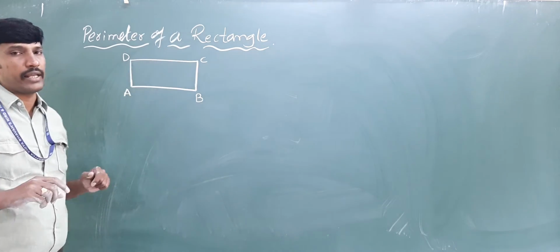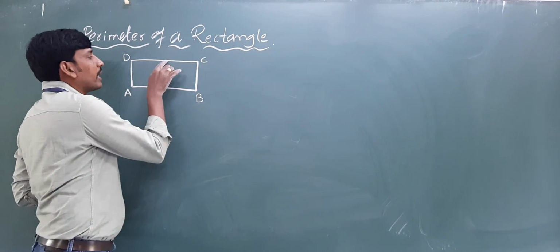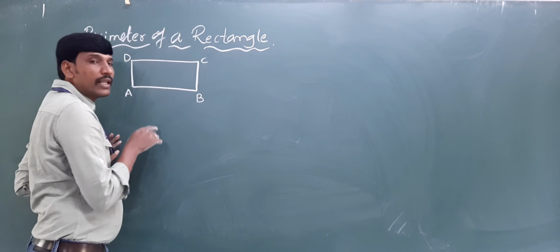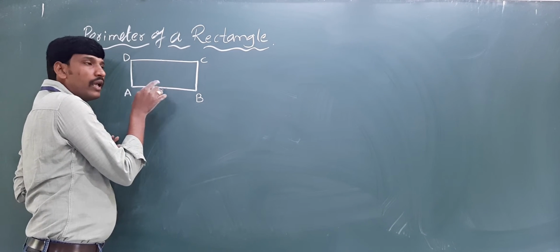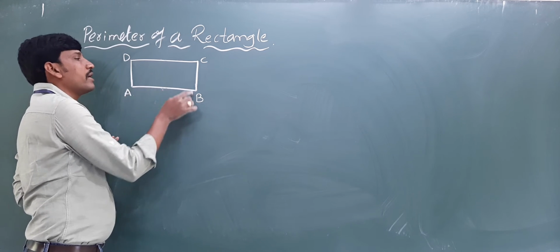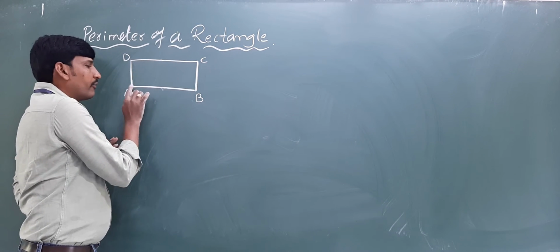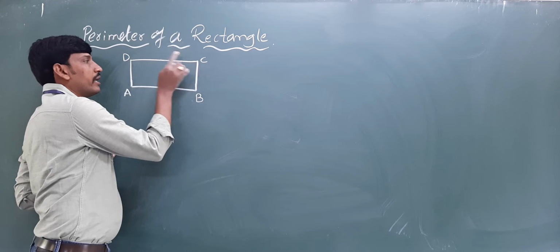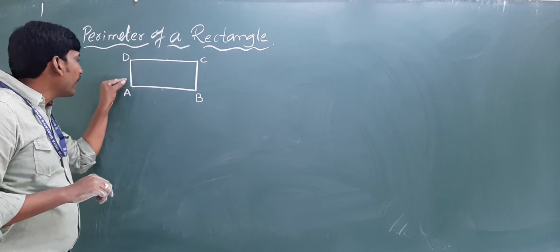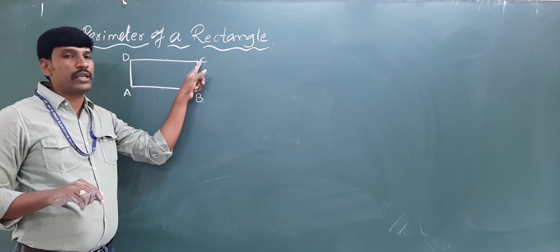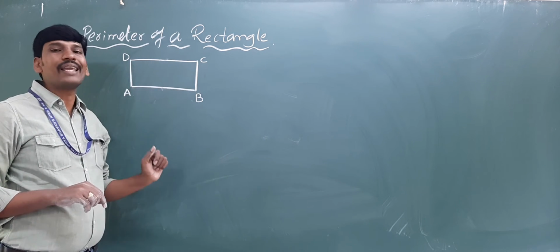In a rectangle, the opposite sides are equal in length. In this rectangle ABCD, the length of AB is equal to the length of CD. These two lengths are equal, and the length of AD is equal to the length of BC. These two sides are equal.